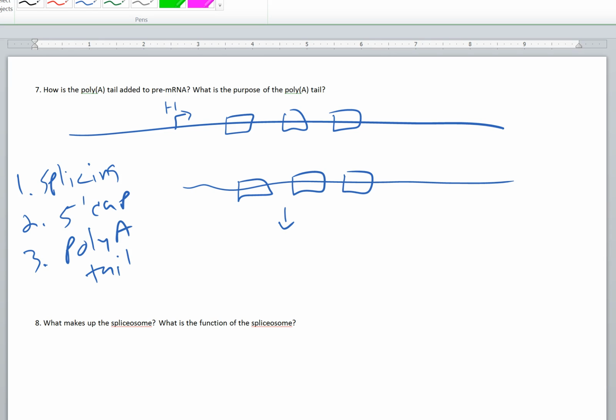And so as this cell is making this RNA, there's going to be this signal here called the poly A addition signal.